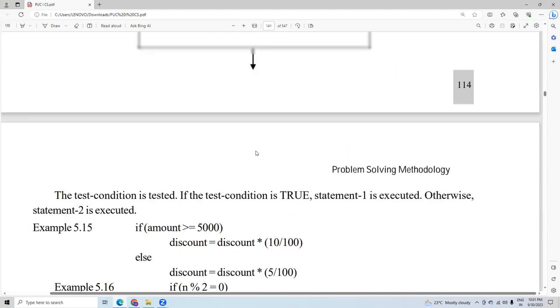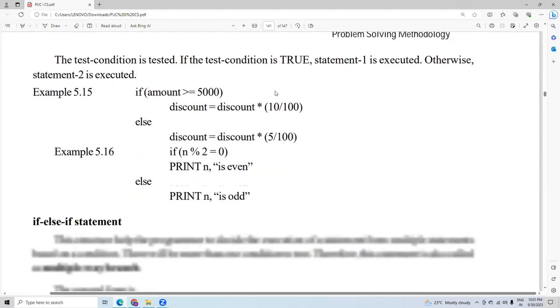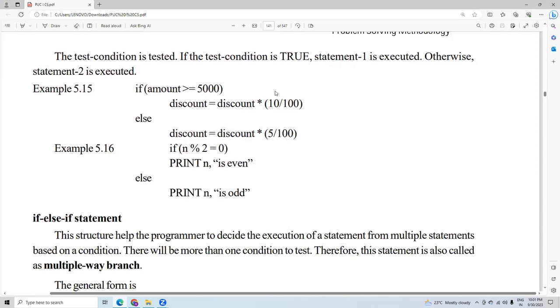And like this, it flows continuously with the remaining steps. So the test condition is tested. Here there are some examples. If amount is greater than or equal to 5,000, discount equal to amount into 10 divided by 1,000.